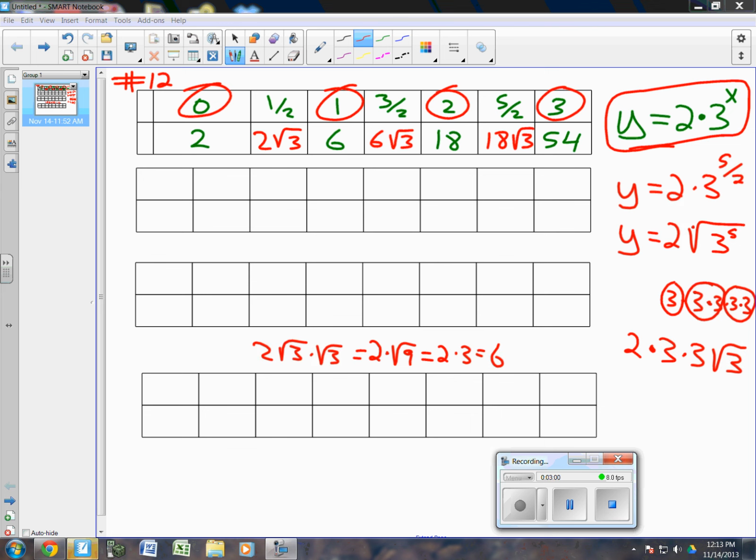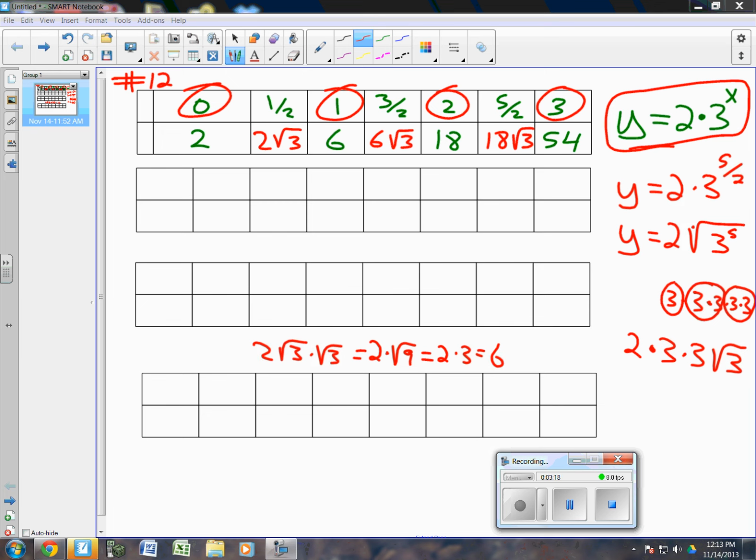Do you see the need for rational exponents now? Well, if we didn't have rational exponents, could we get these numbers in between? We wouldn't be able to get these numbers in between, right? We wouldn't have a way of expressing them anyway. So that's why we have rational exponents.